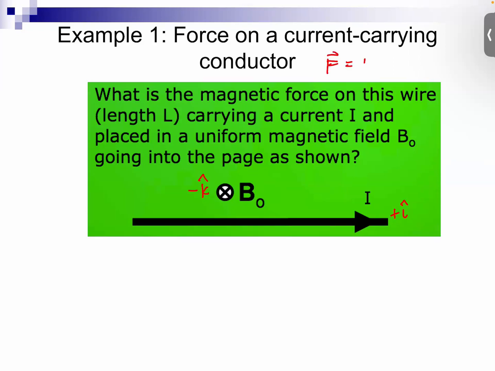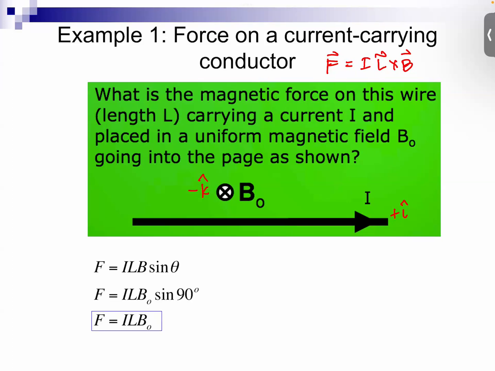Magnetic force is defined as the cross product between the length and the magnetic field vectors. For the direction of the length, you take the direction of current flow, and that's what you put in the right-hand rule.